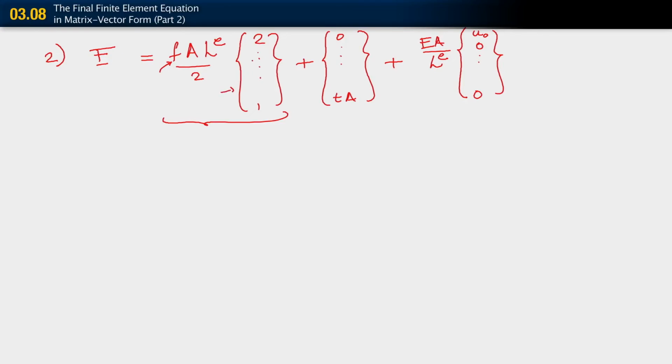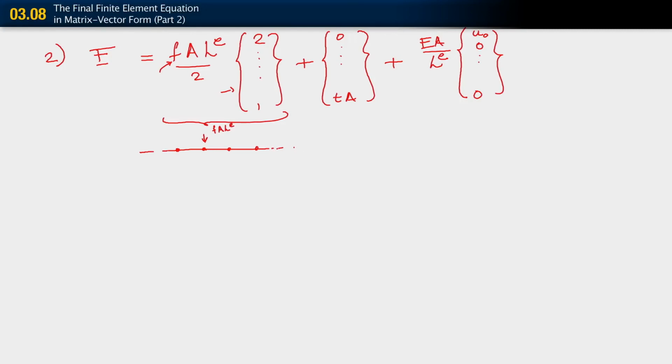So one thing to note is that if we consider the mesh and consider a stretch of the mesh with elements of that type, what we are seeing is that the contribution on a node which has elements on either side of it is of the form FAHE. Okay.